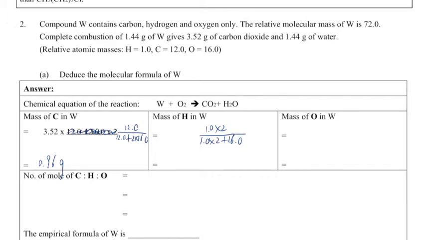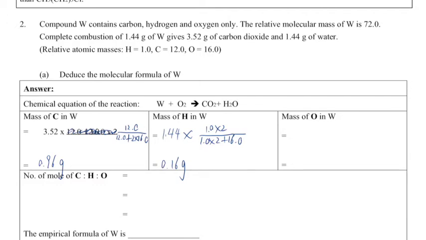That's how much of the water molecule is weighed by hydrogen atoms. Then times the total mass, it gives us the mass for hydrogen only, which is 0.16 gram.